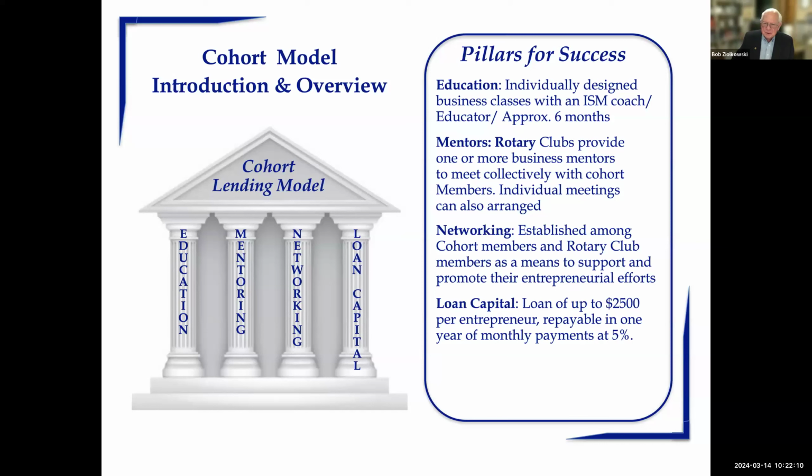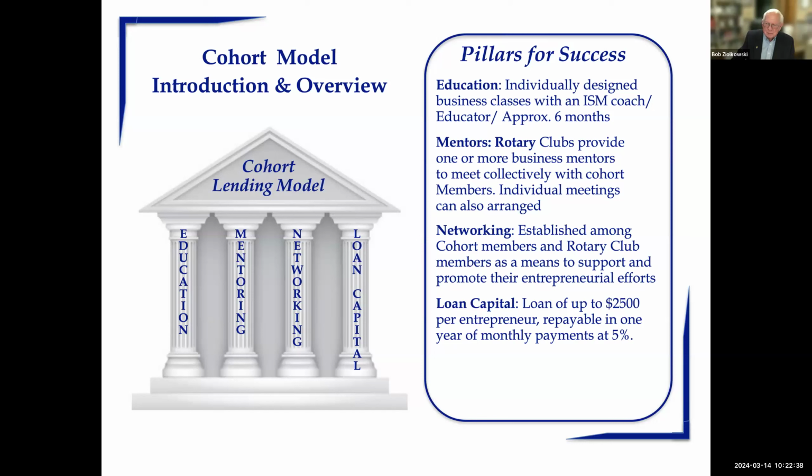Mentors: Rotary clubs in District 6400 provide the business mentors for our group. Typically, there will be at least 2 business mentors who attend each of the meetings that the cohort has, and they can also take part in individual meetings and arrange them with individual entrepreneurs. I'll talk a little bit more about the mentors and some of their role in a while.